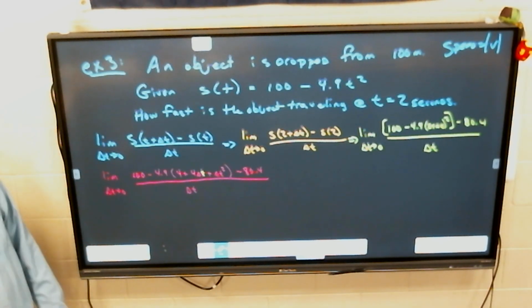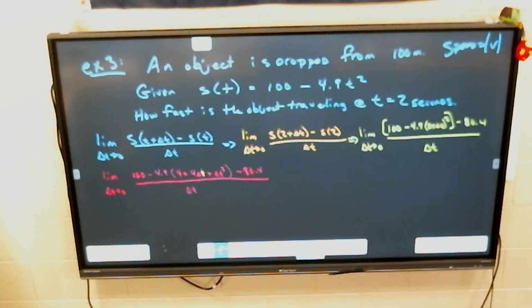See if you can simplify all the way down to one answer. Don't get bogged down in the algebra.